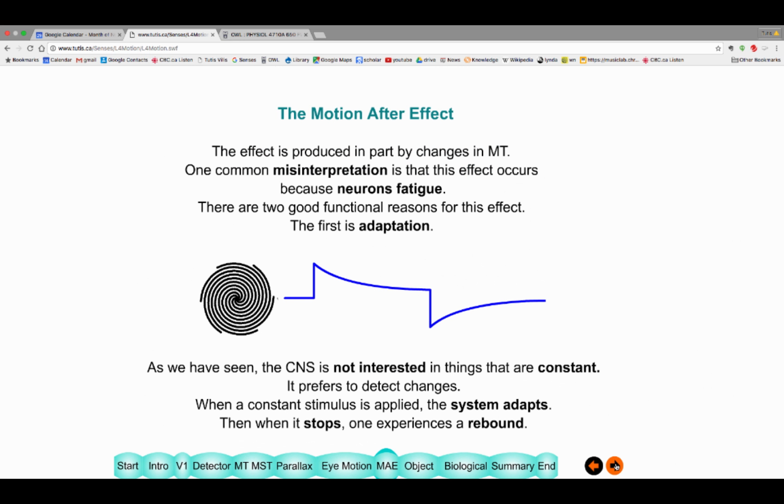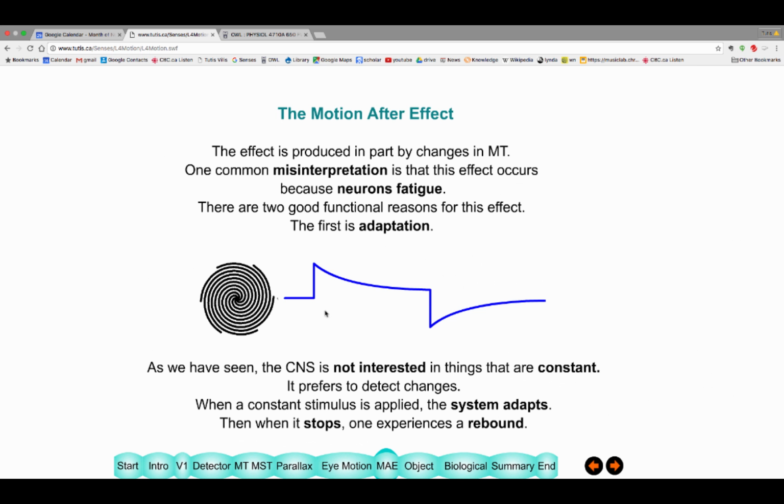Okay, what's happening here? This is called the motion aftereffect, and it produces changes in MT. One of the misinterpretations is that the cells in MT fatigue. That's not the case. Cells don't get tired, at least if they're given enough oxygen.